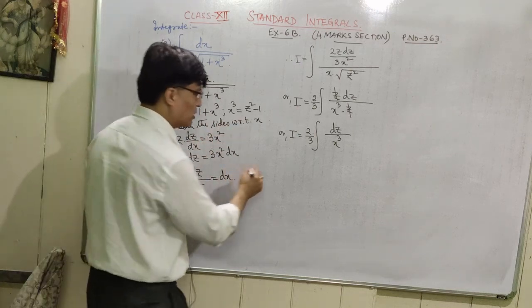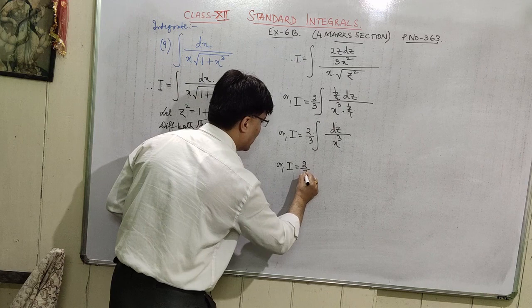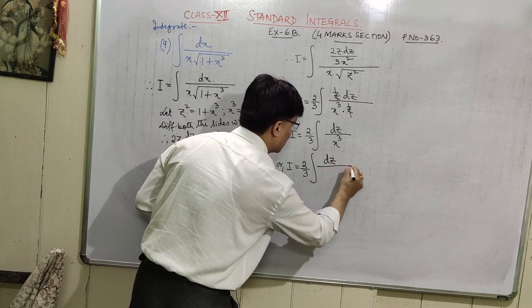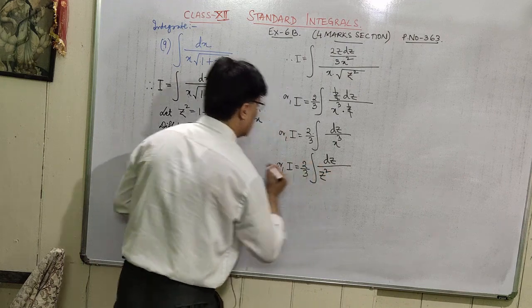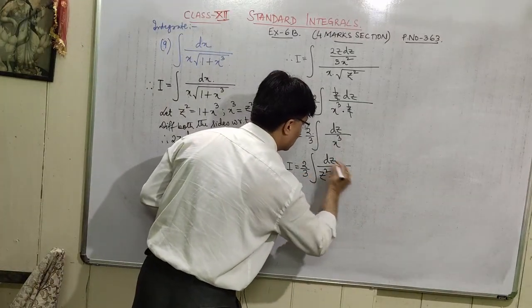So let us put it out here. So I is equal to 2 by 3 integration of dz divided by x cube, that is z square minus 1.